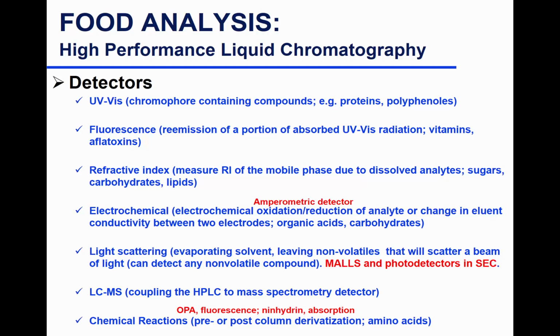You can either do a pre-column derivatization, meaning a reaction with OPA reagent, and with that you generate compounds that can fluoresce, and then you would use fluorescence detection. Or you can do a post-column derivatization, and there are systems that make that automated. You use anhydride, and in this case you measure absorbance of light.